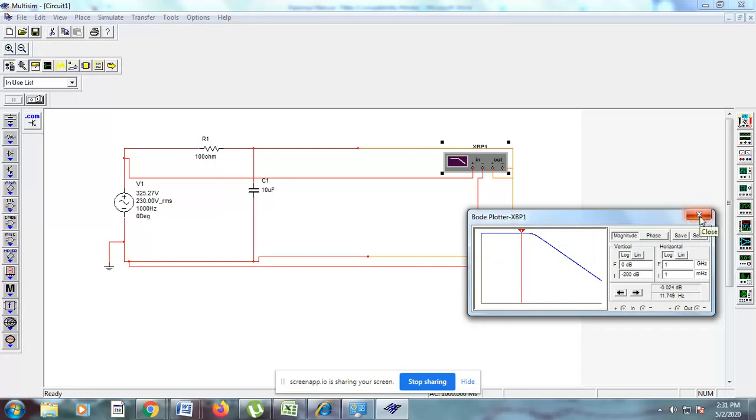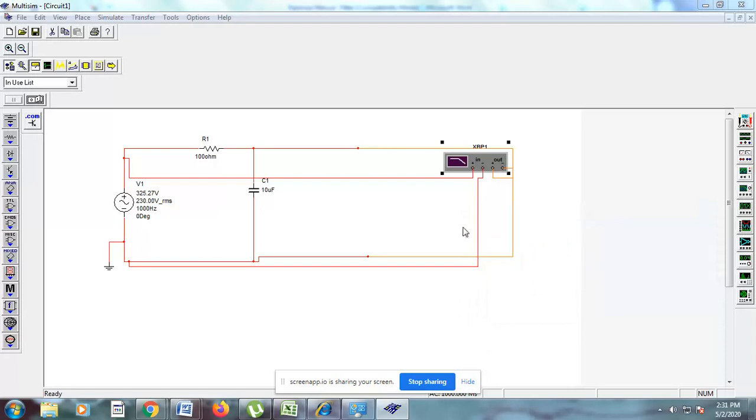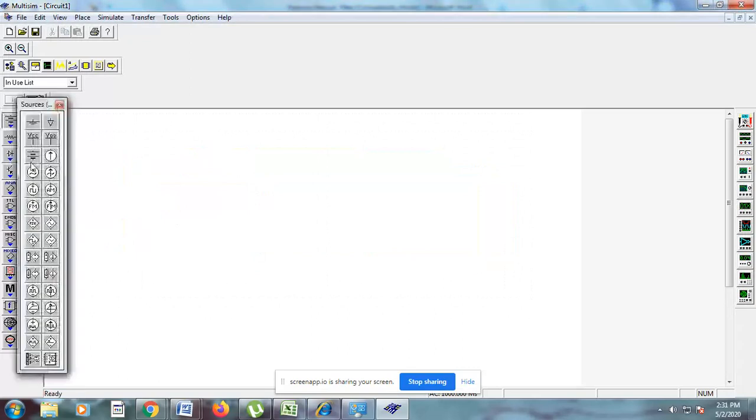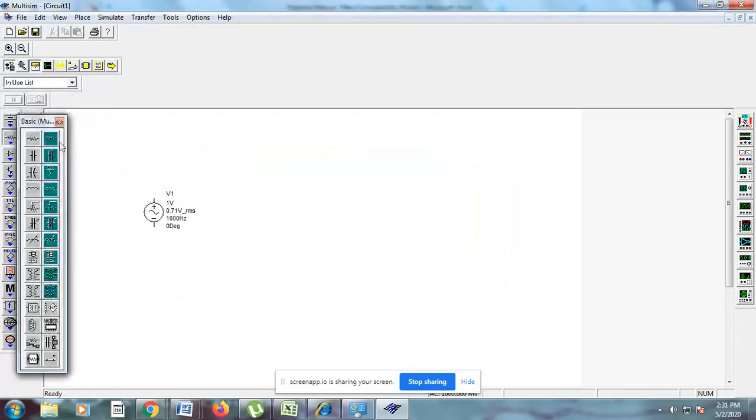Now we draw the high pass filter. Again, we select a voltage source, a resistor, a virtual resistor obviously, and a virtual capacitor. Okay. Now we connect the circuit.